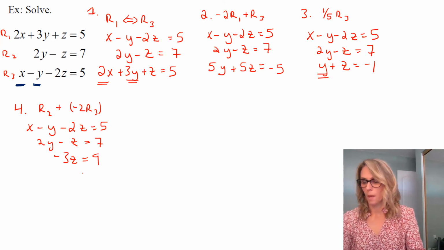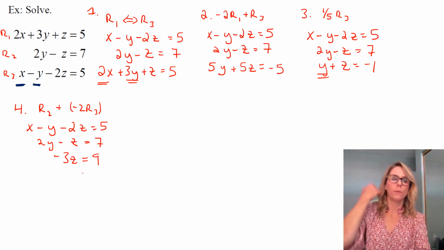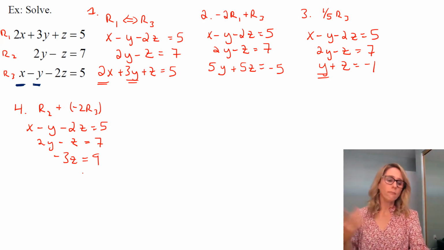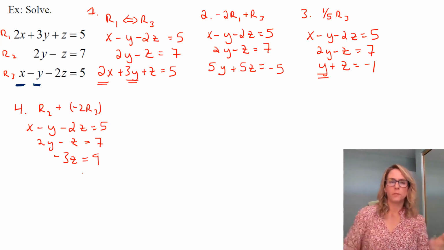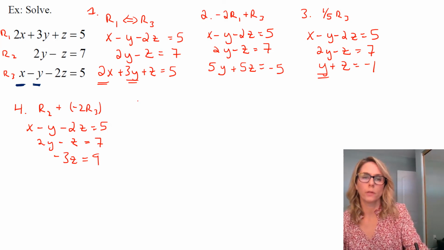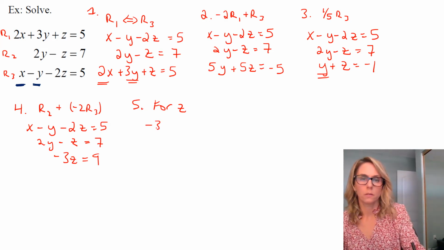There you go. So now we have triangular form, more or less, here. I mean, the point is, now we have an equation with 3 variables, one with 2, one with 1. So it will be straightforward for us to now solve for z. And that will give us, very easily, we can see we have z equals -3.